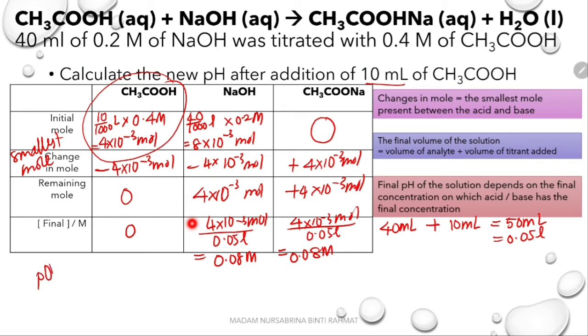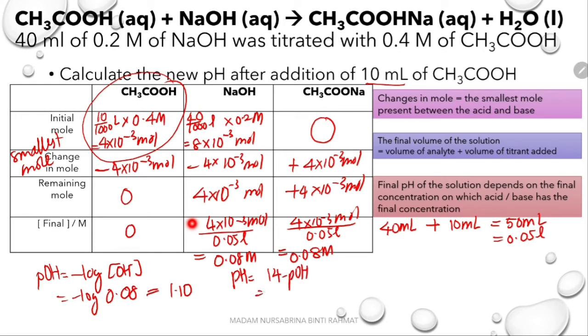So pOH equals negative log of OH minus, which is equal to 1.10, and pH is simply 14 minus pOH. So 14 minus 1.10, which is equivalent to 12.90. So this is the new pH of the solution after additions of 10 milliliters of ethanoic acid.